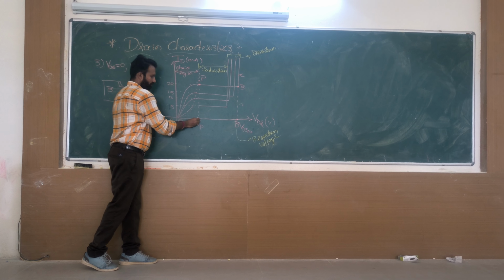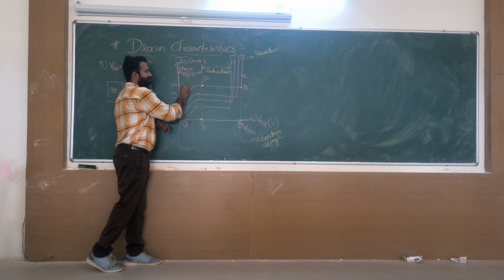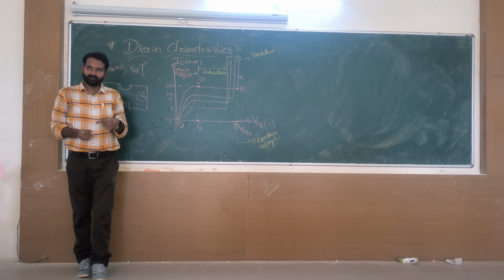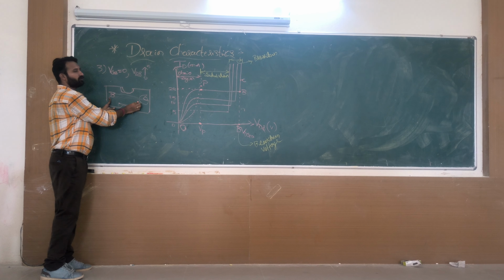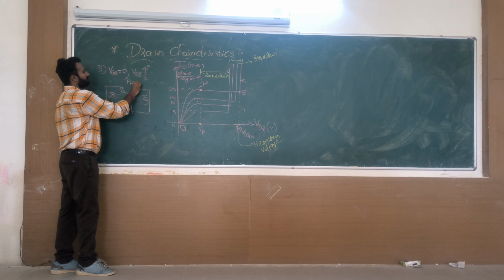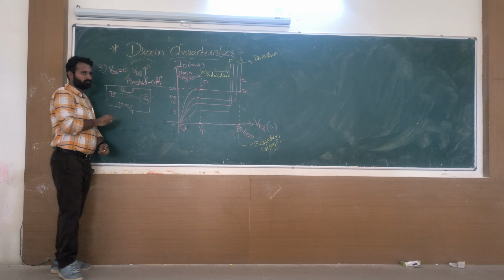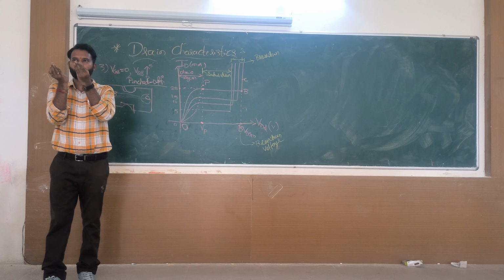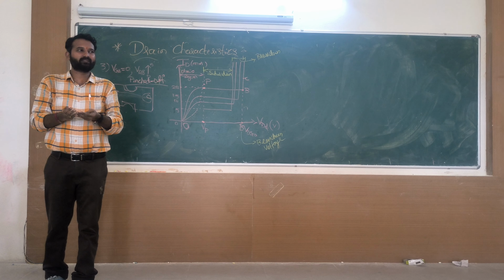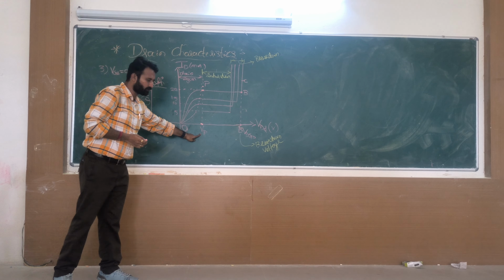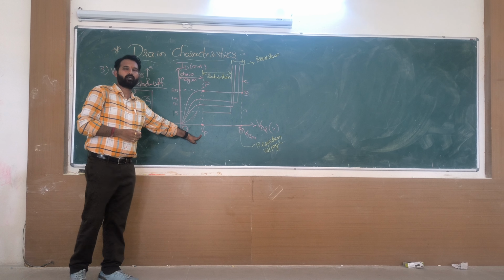This is your maximum point. At this voltage, your channel is going to pinch off. We will use a technical word, pinch off. The channel area will become less. This voltage is called the pinch off voltage.